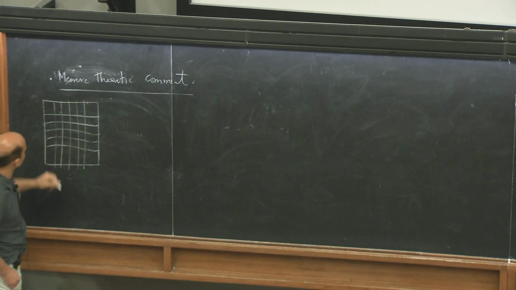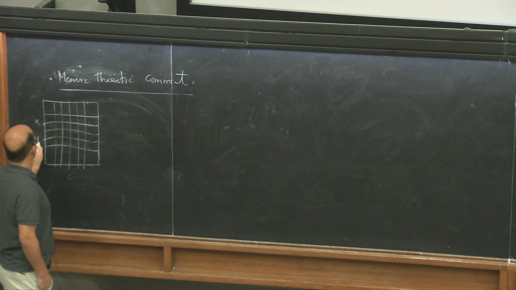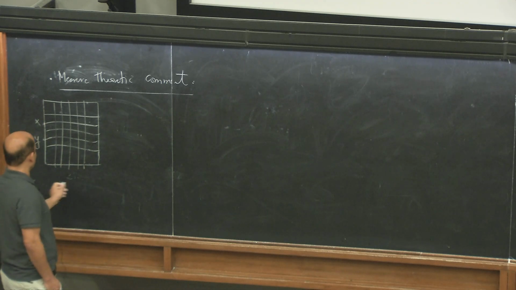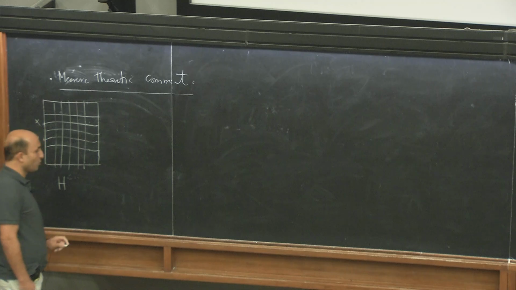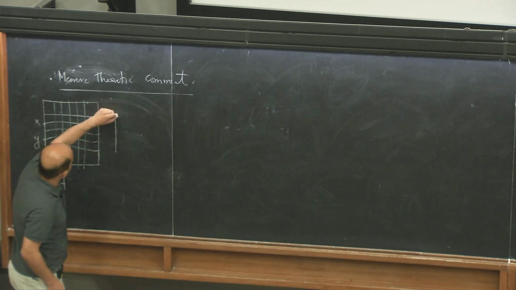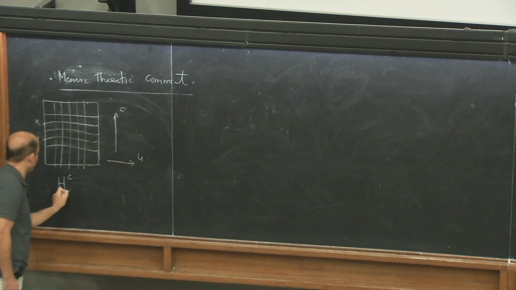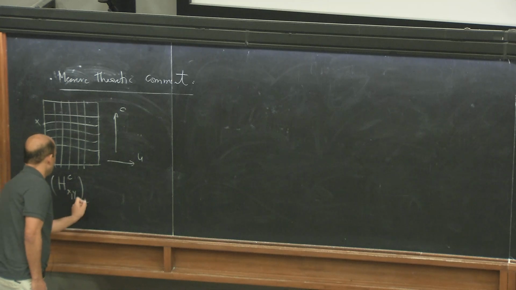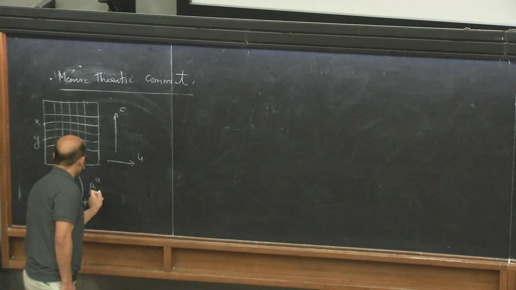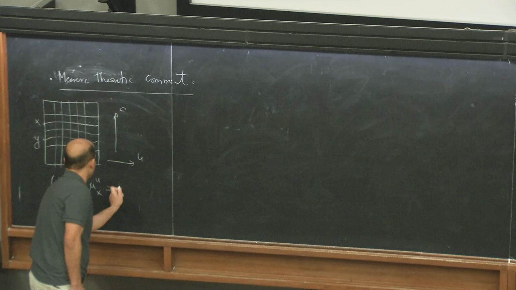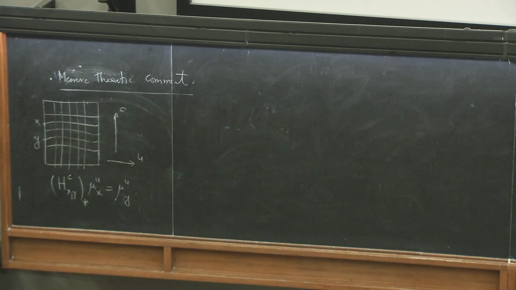So if you take any points x and y, here is center, here is unstable, if you go by the center holonomy from x to y and push forward the unstable measure on x, you get the unstable measure on y.